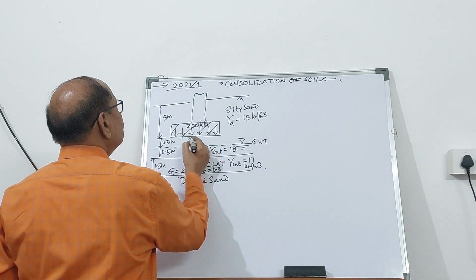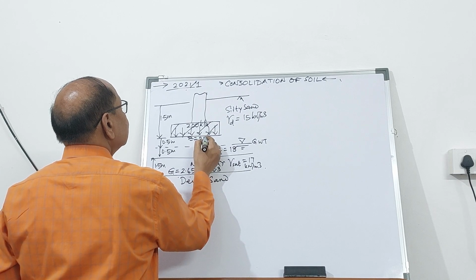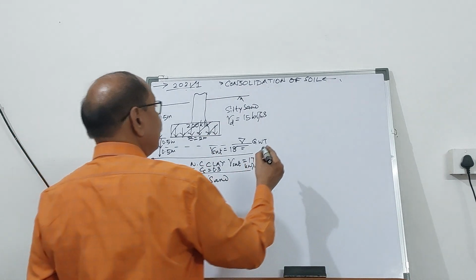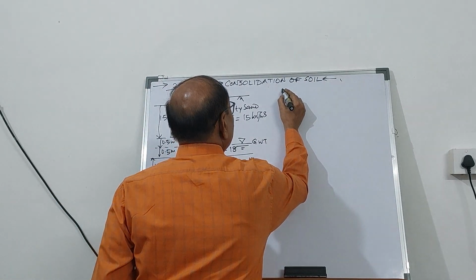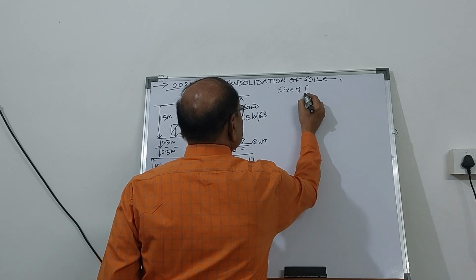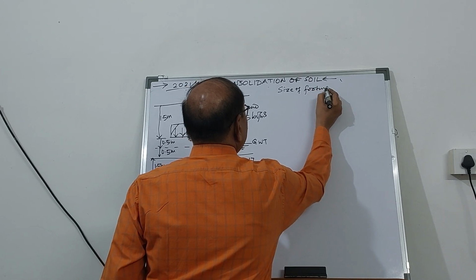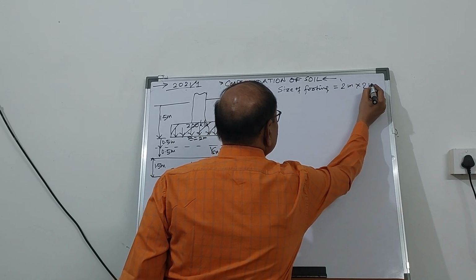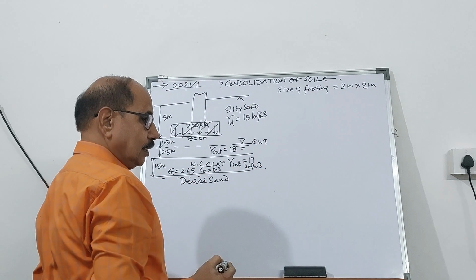So B equal to 2 meter. So it is a square footing. So size of footing is given 2 meter by 2 meter.